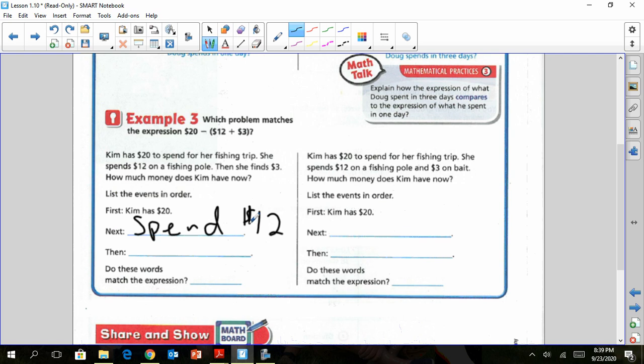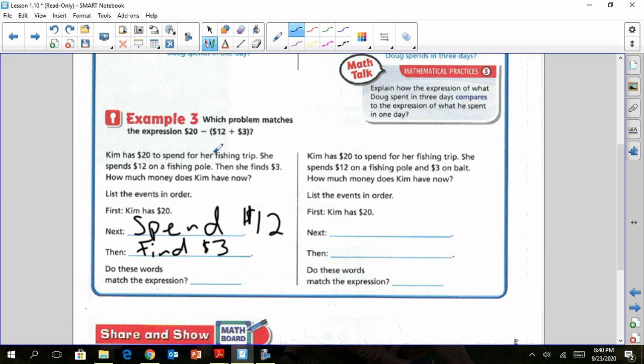Then she finds $3. So then she's going to find $3. Let's look at this. So if you spend $12, you're taking that money away. And then you find it, you're getting money back.